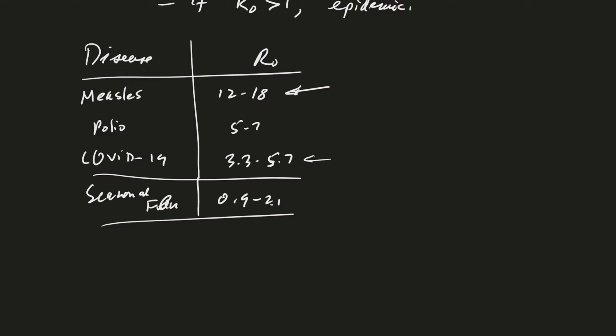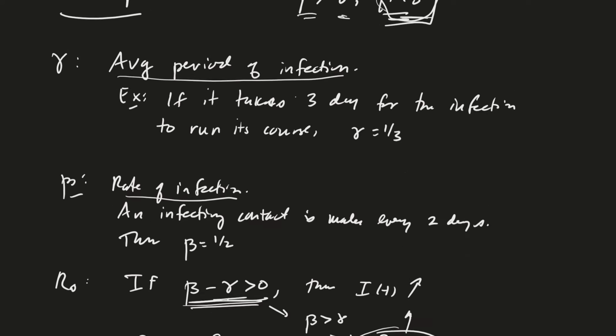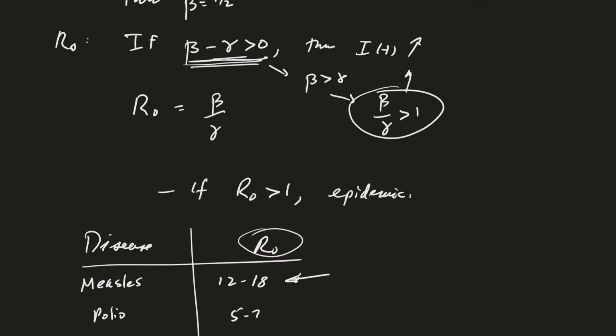And so we'll have to keep an eye out when you're watching the news. They'll often report what the R0 number is that they're estimating for some of these things. Good. All right. So we want to try to analyze the solutions to our model. So what do you think the solutions will look like?